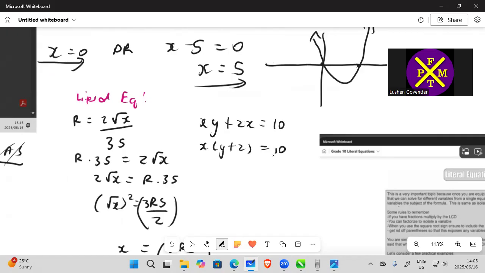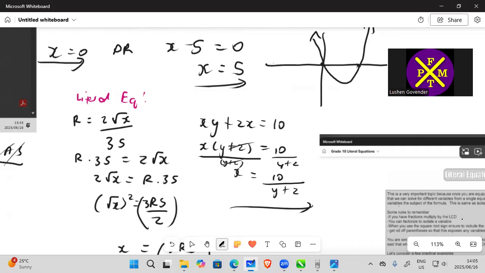Can you see that? And if I solve for x now, I need to remove whatever's not x. Remember using BODMAS in reverse. Since this is multiplication, I have to make use of the multiplicative inverse. So I'll divide both sides by y plus 2. That and that will cancel, so we're left with 10 over y plus 2. And that's how you solve.